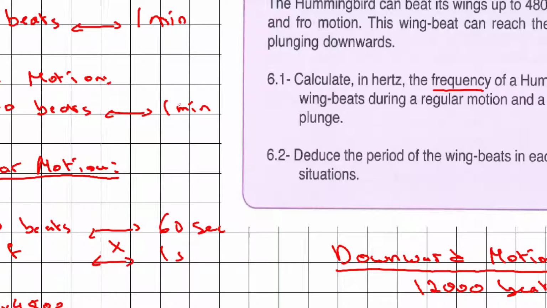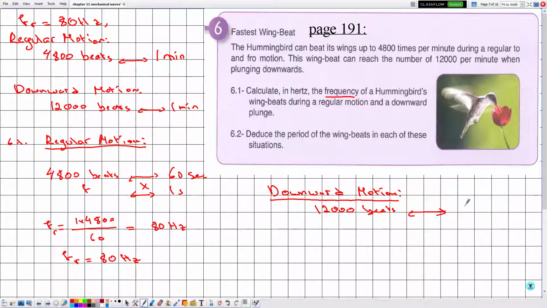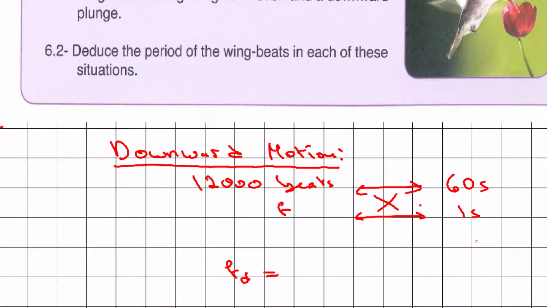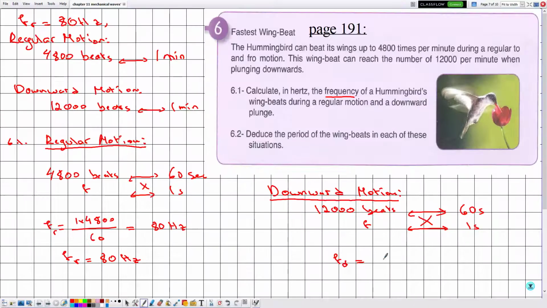But instead of writing 1 minute, we will place here 60 seconds. And what about 1 second? It corresponds to the value of f, because the frequency is the number of beats or oscillations or vibrations given in 1 second. Now if you cross multiply, then f_d, where d stands for downward motion, is given by 12,000 multiplied by 1 divided by 60.